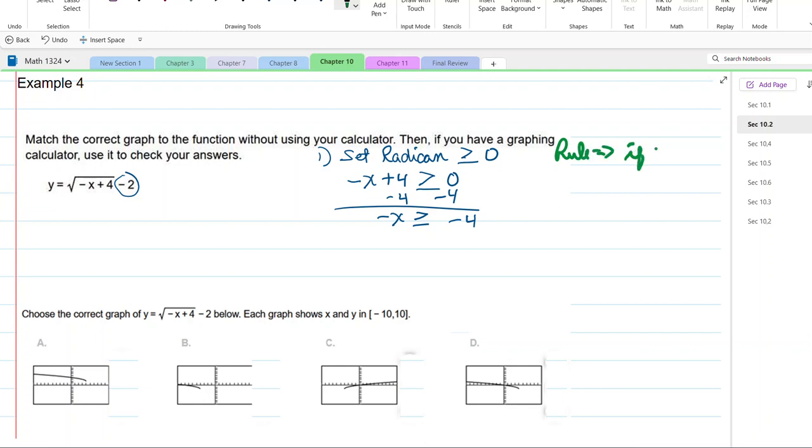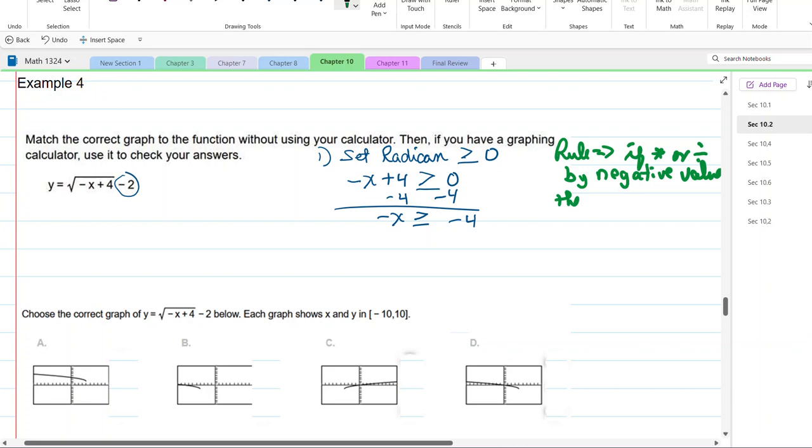If you multiply or divide by a negative number, the inequality symbol flips direction.